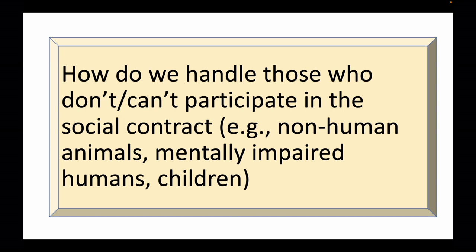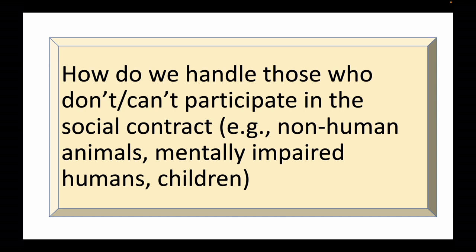Another important criticism is, how do we handle those who don't or cannot participate in a social contract? Remember that the social contract is basically an agreement, a pact that certain individuals agree upon. But what kind of individuals?